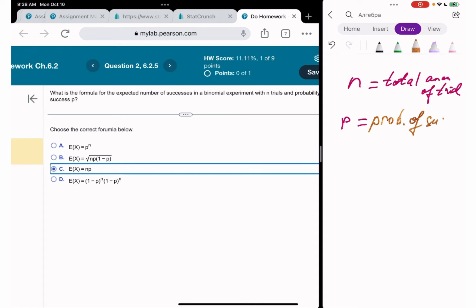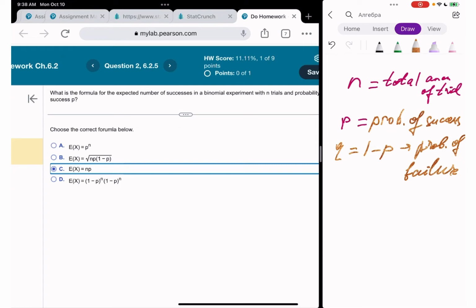Probability of success. Accordingly, Q, which is equal to 1 minus P, is the probability of failure. I think that's all, and if I forgot any notation, I will add it there.